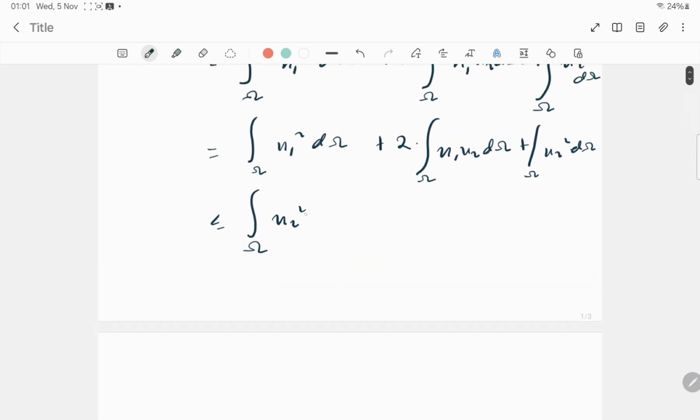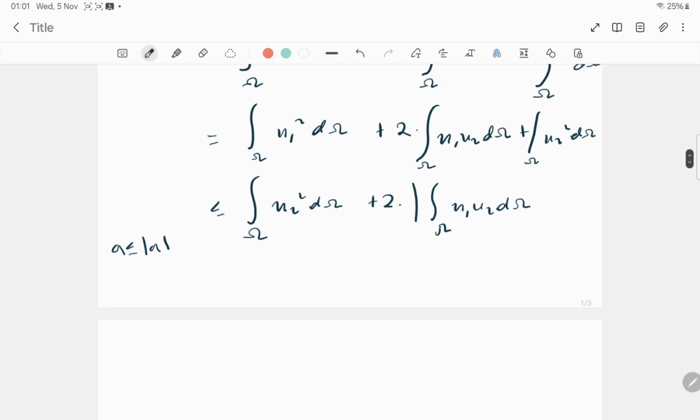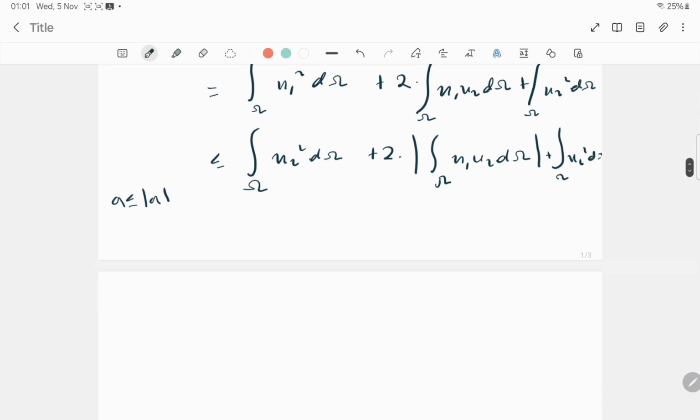U1 squared d omega plus 2 times the absolute value of the integral over omega of U1 U2 d omega, because when we have a quantity a, it is less than or equal to the absolute value of a, plus the integral over omega of U2 squared d omega.